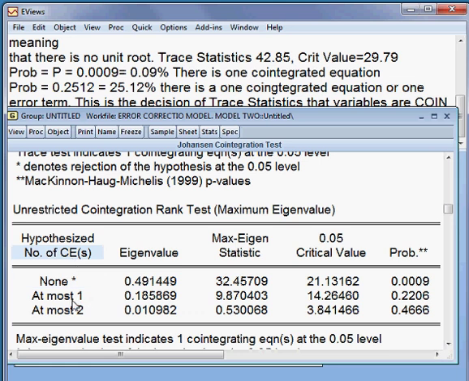Okay, then what about the second hypothesis? At most one.